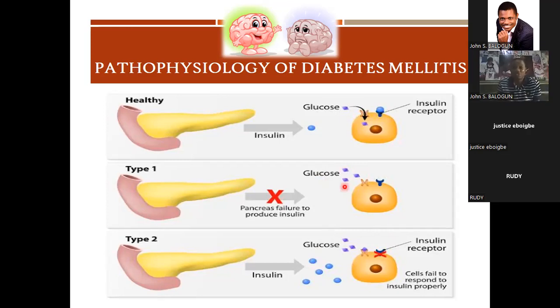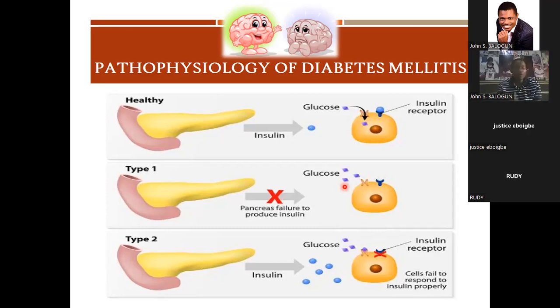It could be an infection, it could be those who have a stroke, it could be any of those conditions. So eventually these patients cannot mobilize glucose into the cells. Because they cannot mobilize glucose into the cells, glucose accumulates in the plasma. So this accumulation of glucose in the plasma causes the hyperglycemic state.